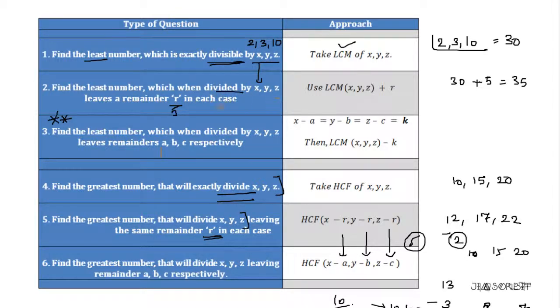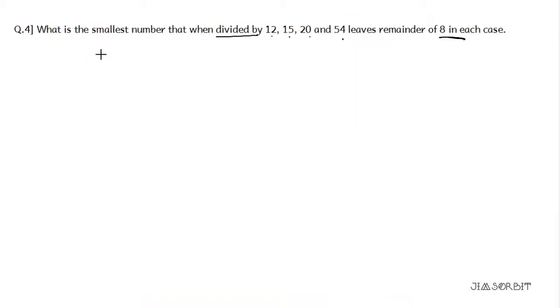Divided, LCM. Remainder is left, find LCM, add R. I have just explained it here already. See how easy it is now. We will find the LCM and add the remainder. Direct. You have to find the smallest number, so we take just the LCM and add the remainder. So this is 12, 15, 20, 54.